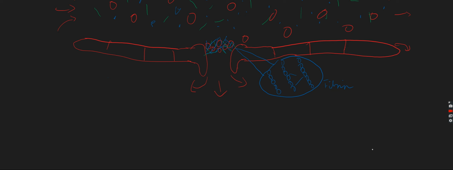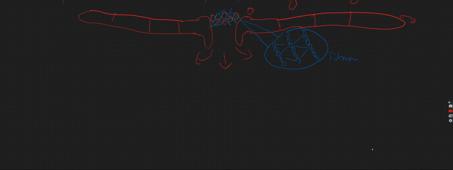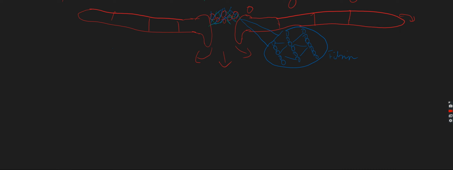So, we need a way to make fibrin only active and stick to itself when we bleed. Unfortunately, fibrin in this form will always stick to itself, or other molecules of itself. So, as it turns out, our liver constantly releases an inactive form of fibrin, known as fibrinogen.